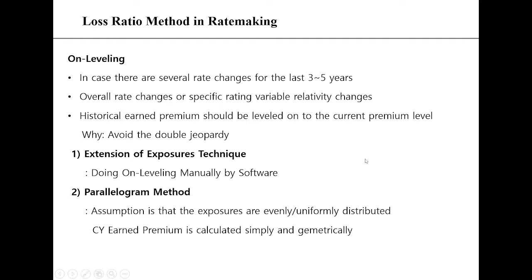That's what it does. The premium onleveling, like the parallelogram method, has been used for probably a long time. And then the extension of exposure technique: when I was working in Toronto, probably around 2020, at one of the leading companies, Aviva, I observed that one of the external consultants was building up the extension of exposure.